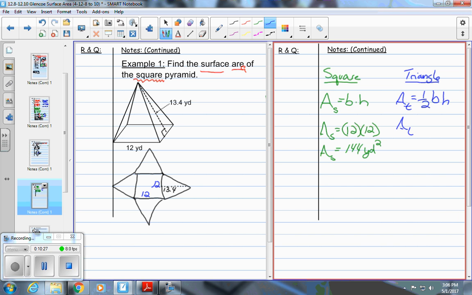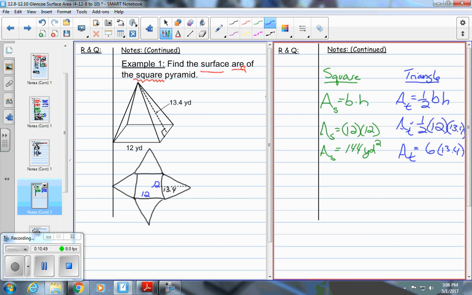Area of our triangle is going to be 1/2. What's the base length of that triangle? Yeah, once we unfolded it, it was a little easier to see that the base length was 12, and the height length was that 13.4. Okay, then we're going to find the area of the triangle. 6 times 13.4.